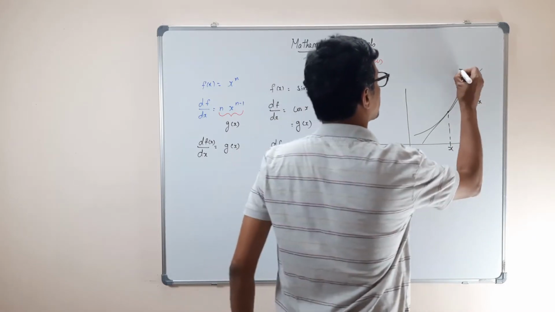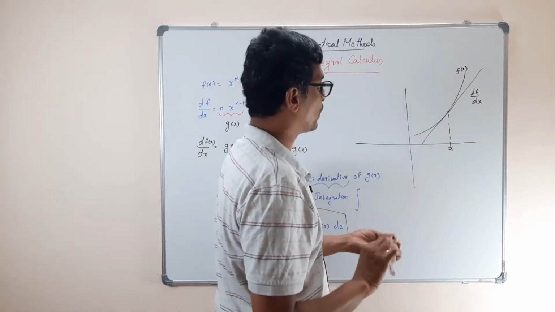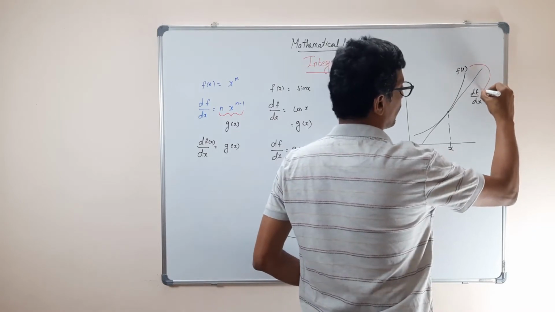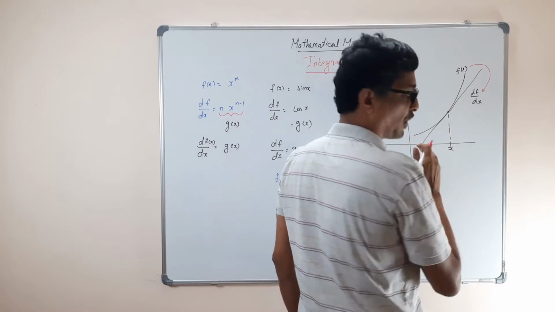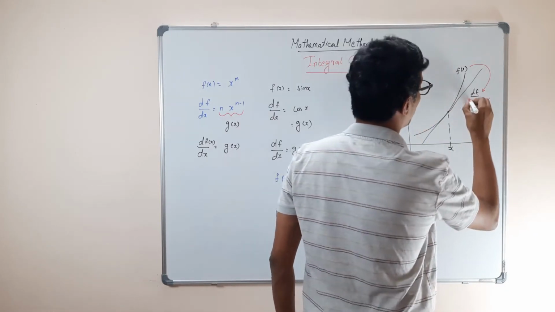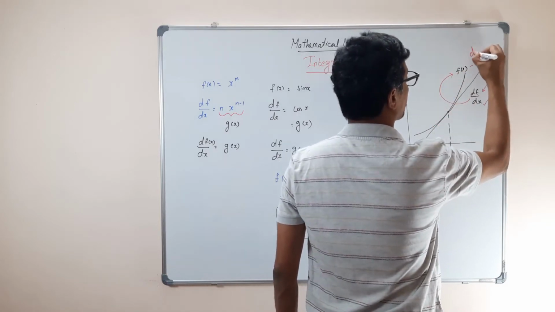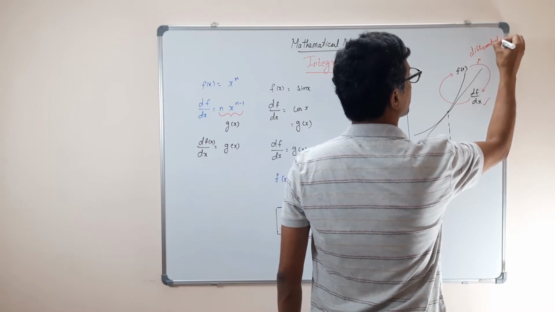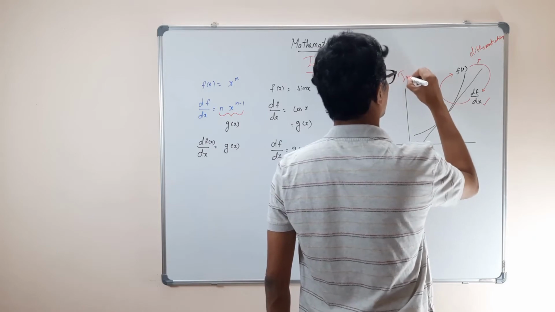This is the function f of x, so I'm inverting the problem. First we were given f of x and we got df by dx, the slope of the tangent drawn at x. Now I'm giving you this. Can you get back this? So this is differentiation, and this is your integration.